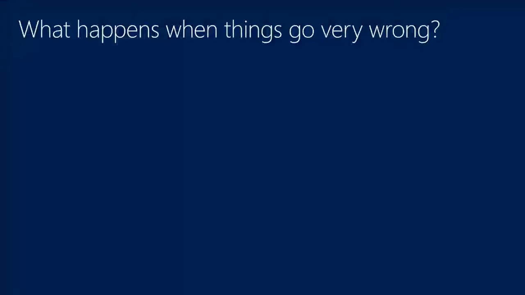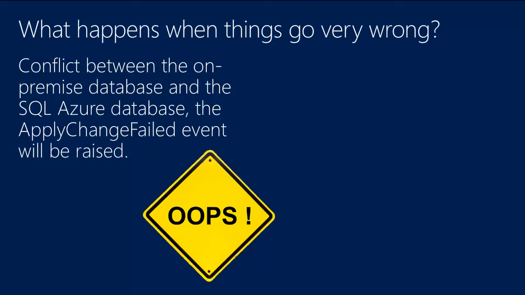This gentleman over here asked what happens when things go wrong. Now on the .NET side, if there's a conflict between the on-premise database and the SQL Azure database, an apply change failed event will get fired.